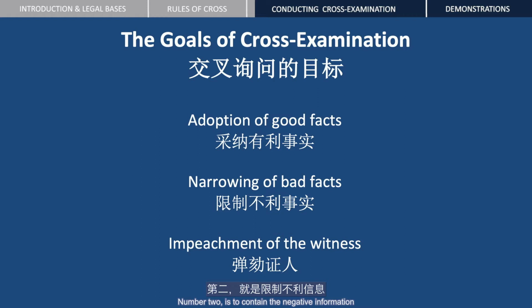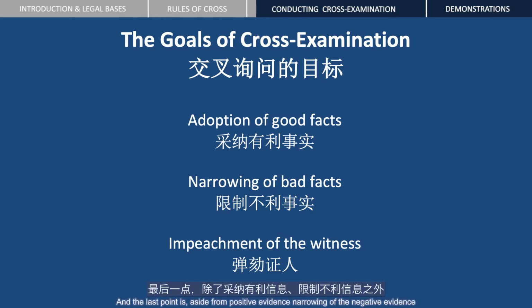Number two is to contain the negative information. You want to narrow the negative information. So you want to get positive information and you want to narrow the negative. If there's been negative information, you might find a way to make it seem less significant by your questioning.